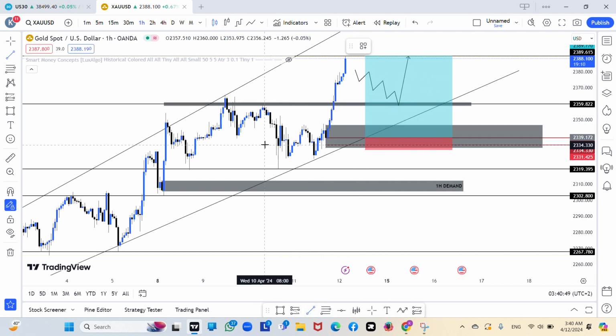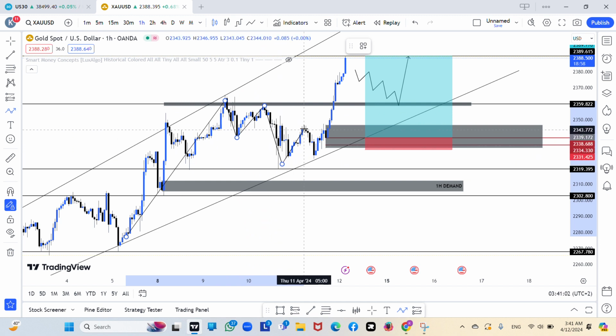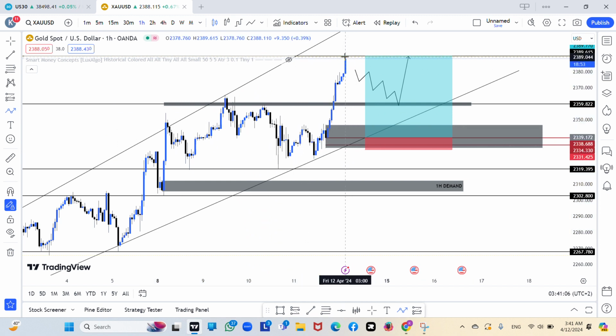Oh, and let me just show you something, guys. So you see this impulsive move right here, and we actually had a correction, guys, and we broke out, but we didn't have a retest. So there are two places that the market can try to retest in.